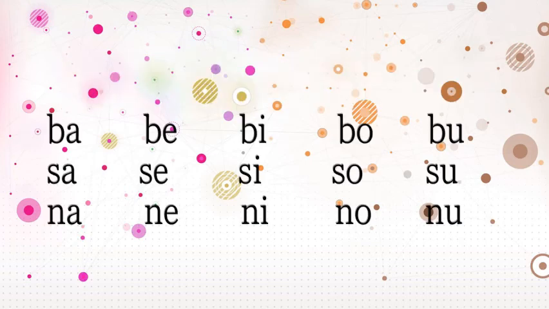Now, here is the activity. We will write these letters on the board or in the notebook, and we will simply ask children to add one more sound to them and make a new word. How do we start?